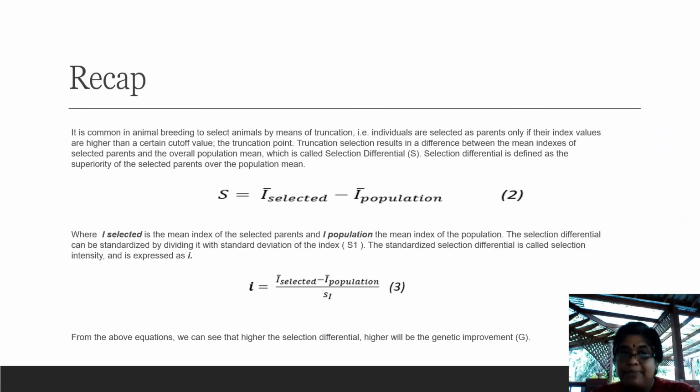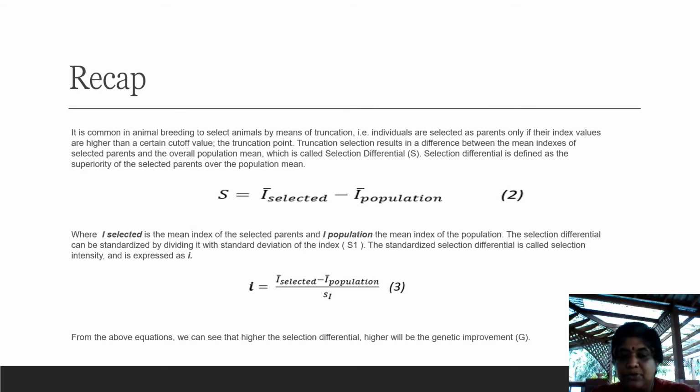Now, just a recap: it's common in animal breeding to select animals by truncation. Individuals are selected as parents only if the index value is higher than a certain cutoff, the truncation point. Truncation selection results in a difference between the mean index of the selected parents and the overall population mean. This is called selection differential. Selection differential is defined as the superiority of the selected parents over the population mean.